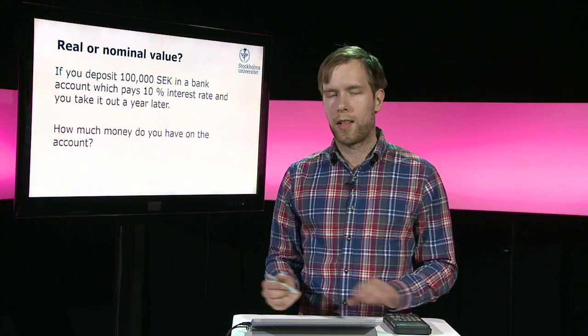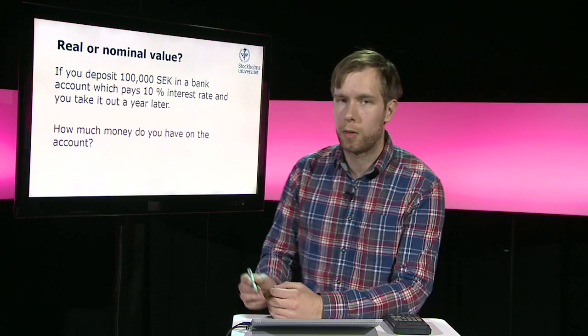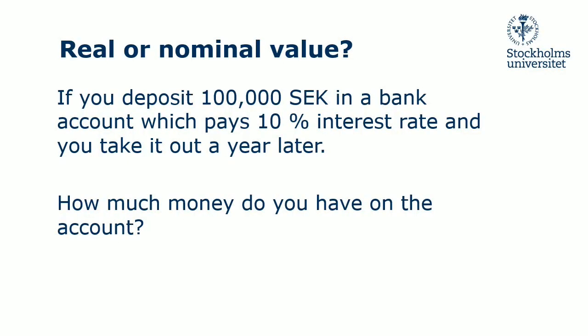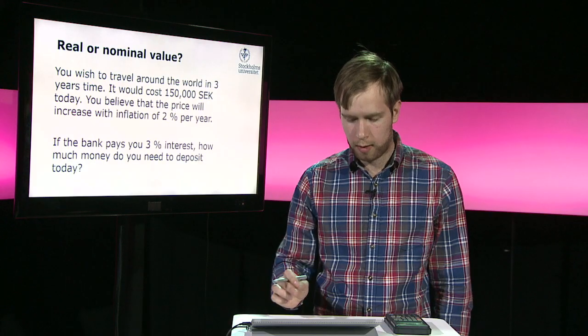Okay, so let's take an example and try to find out if this is nominal or real value we're talking about. If you deposit 100,000 SEK in a bank account and it pays 10% interest rate, and you withdraw your money 1 year later, how much money do you have on the account when you withdraw it? Okay, so we know how to do this.